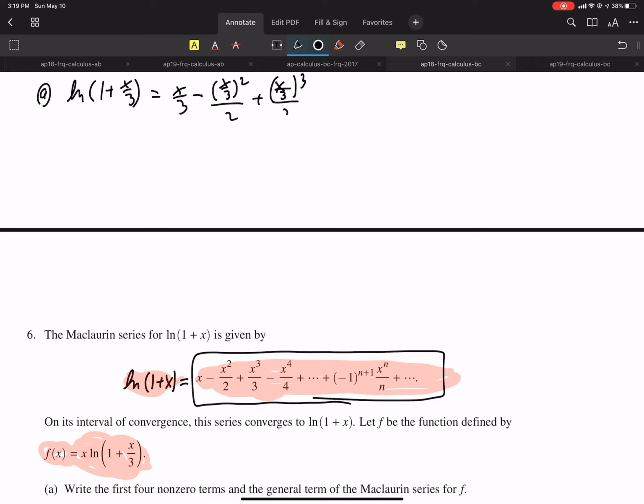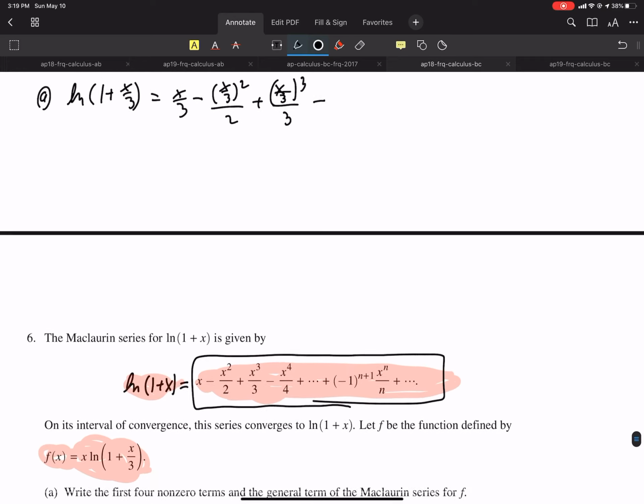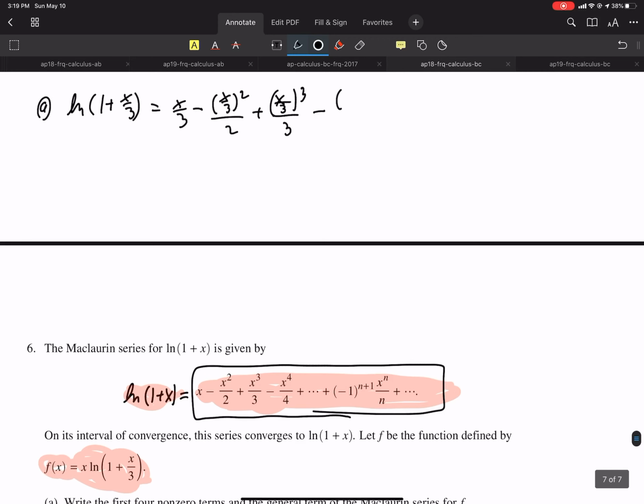And I don't remember how many terms it asked for, so let me double check. The first 4, so that's 3. I need one more. And then the general term, I'm going to do the same thing, replace x with x over 3.